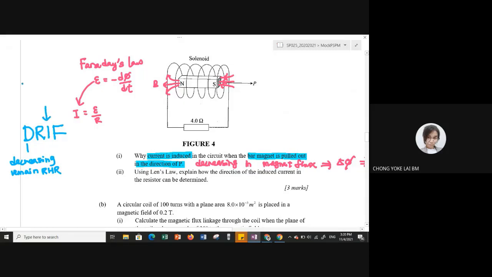Kalau kita punya flux adalah increasing with time, ikut Lenz's law, we always oppose the changes. So, kita kena flipkan kita punya right hand rules supaya kita hasilkan induced magnetic field in opposite direction to oppose the increase in flux.